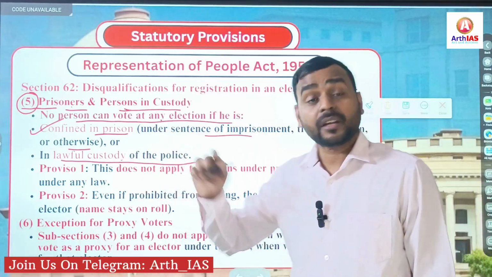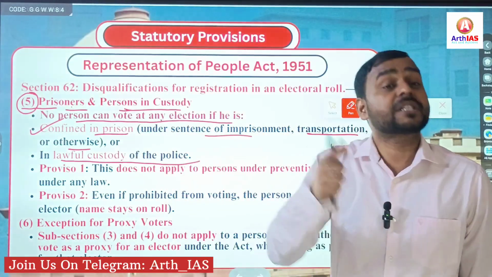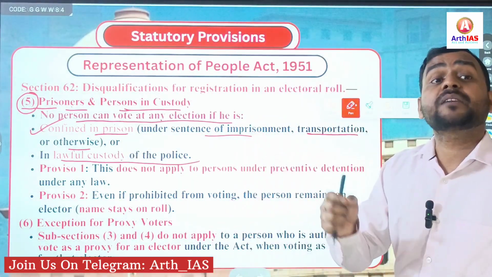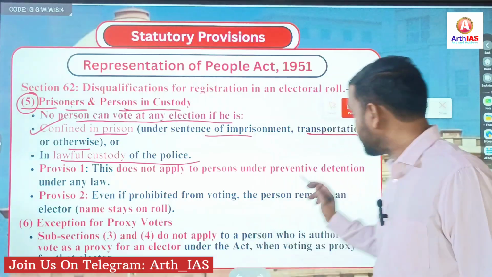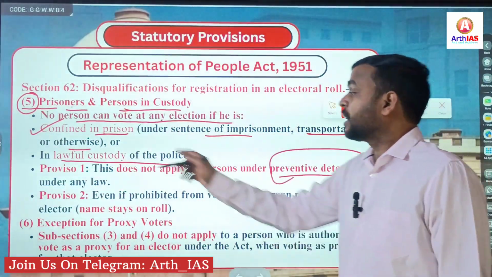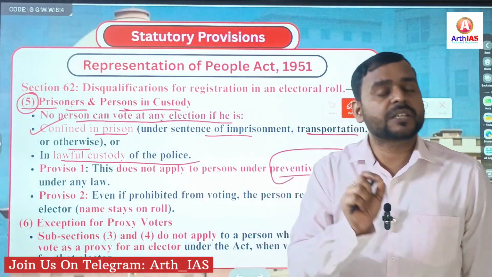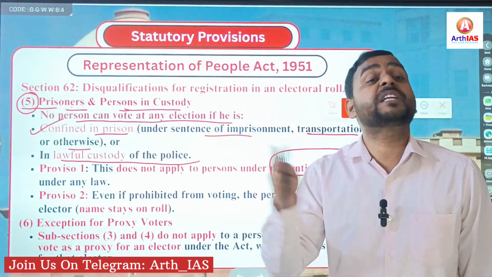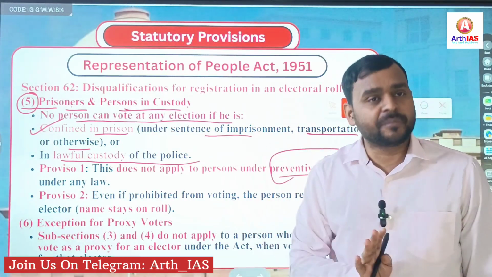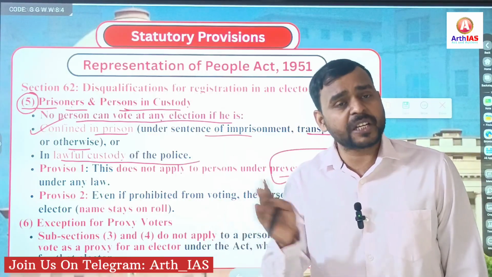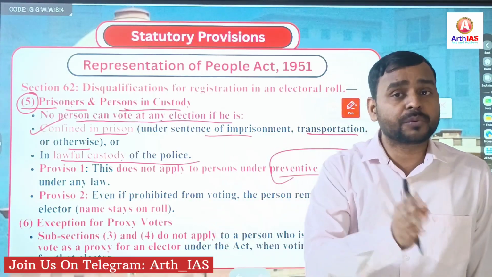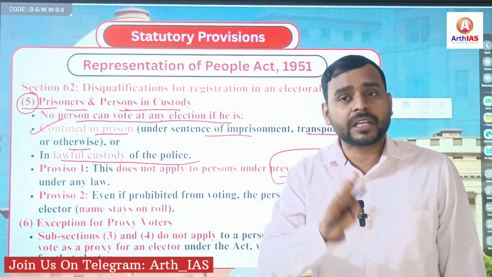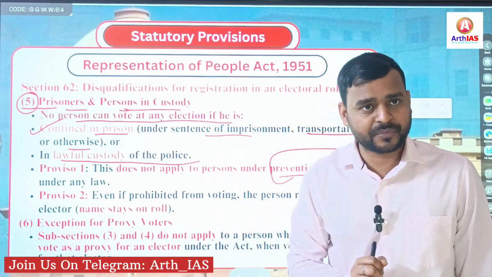Clear? But there is an exception. What is the exception? If the person is under preventive detention. Preventive detention means, in simple terms, when a person is detained to prevent that person from committing a crime. The person has not committed any crime, but he or she is detained so that he or she could avoid any crime.